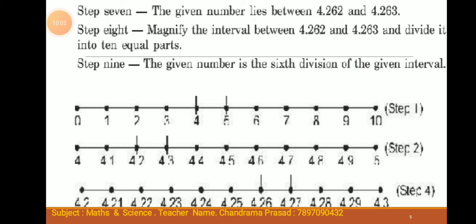Step 4. Divide 4.2 and 4.3 into 10 equal parts, which are represented by 4.21, 4.22, 4.23, 4.24, 4.25, 4.26, 4.27, 4.28, 4.29 and 4.3.